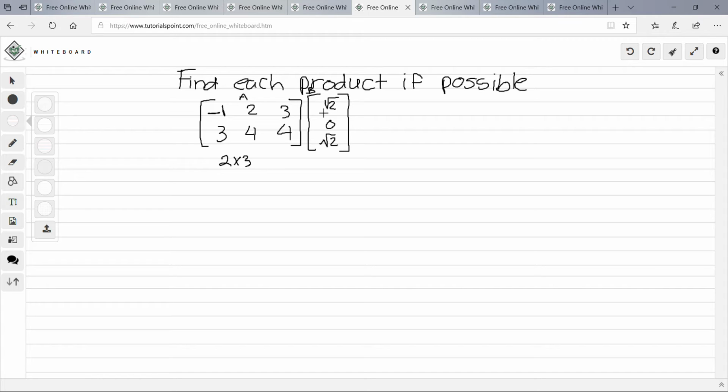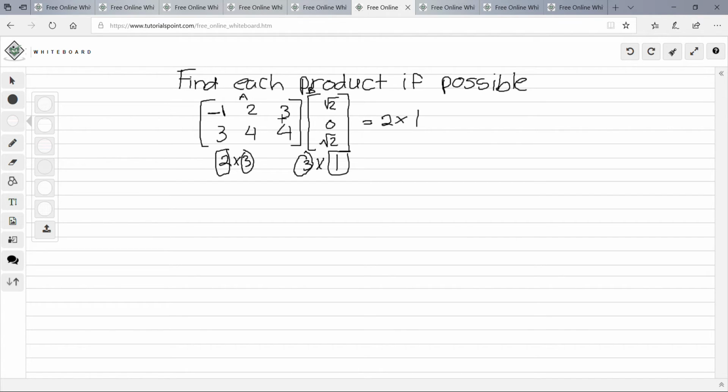How many rows do we have? 1, 2, 3. How many columns? 1. So if these two numbers are the same, which is 3, which they are, it's definitely possible. But what is our new matrix going to be? It's going to be a 2 by 1. Okay, now let's do the work.